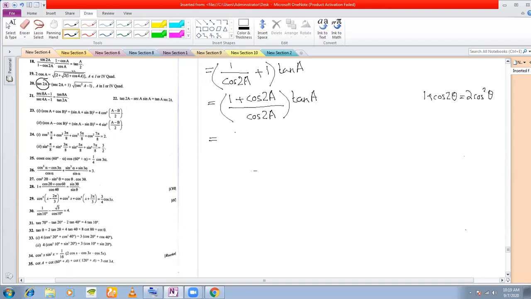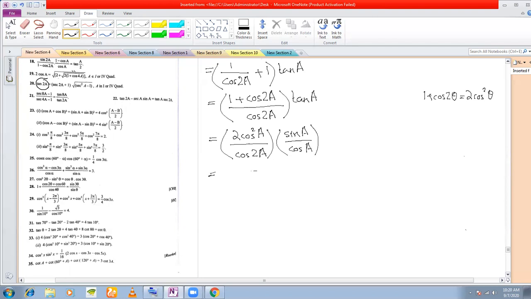So 1 plus cos 2a you change to 2 cos square a divided by cos 2a. And now you see a cos square a, therefore you change tan a to sin a by cos a.